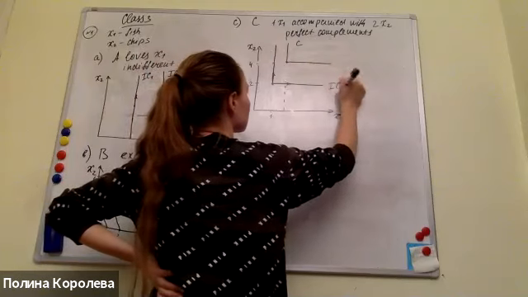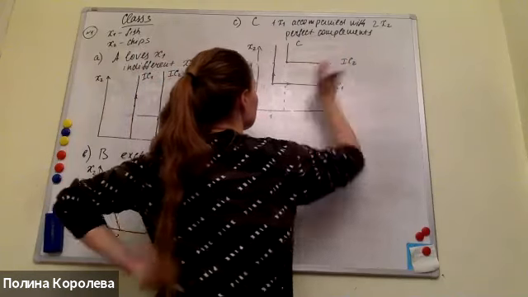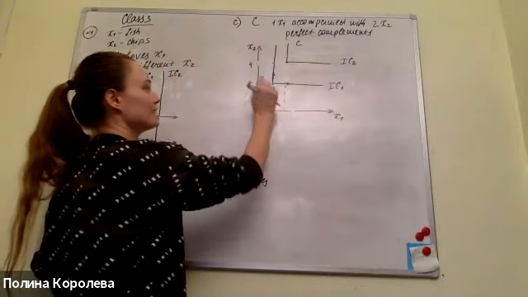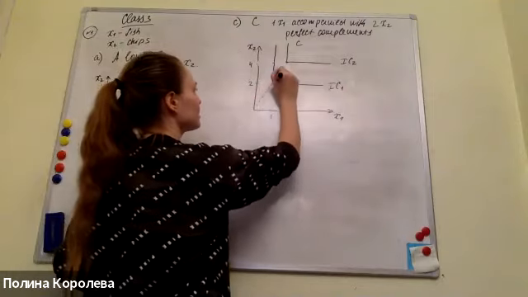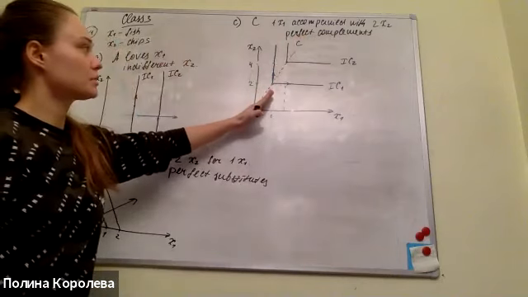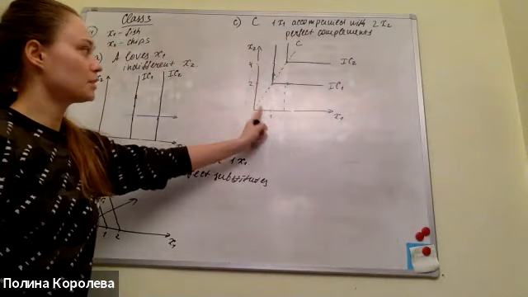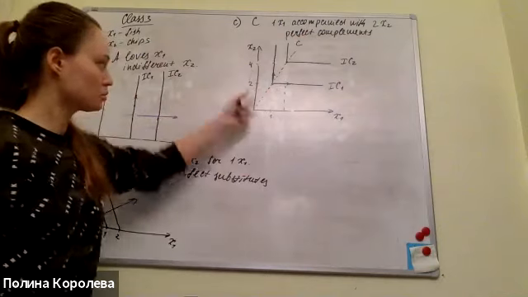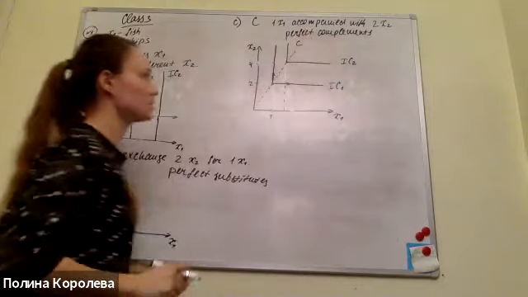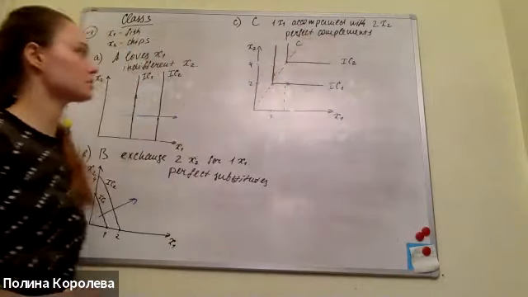So this is indifference curve 1, indifference curve 2, and we see that these exact angles lie on a line with positive slope, and the slope is this proportion 2 to 1.